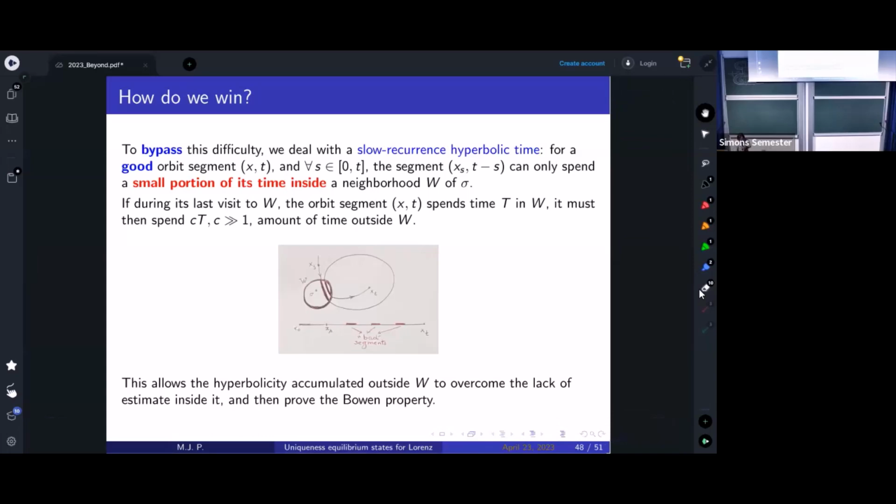And this allows the hyperbolicity accumulated outside this neighborhood to overcome the lack of estimate inside it, and then get the Bowen property. So from this point of view, we have to introduce not only the usual hyperbolic time, like from the Pliss lemma, but also this kind of recurrent hyperbolic time. And then you can prove the Bowen property.